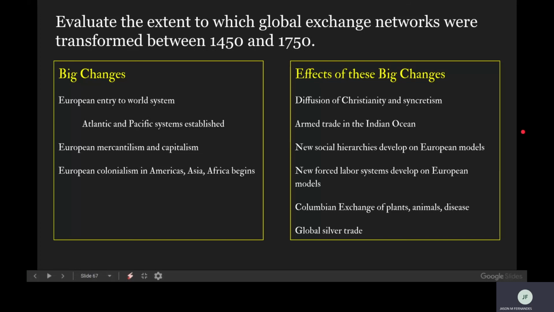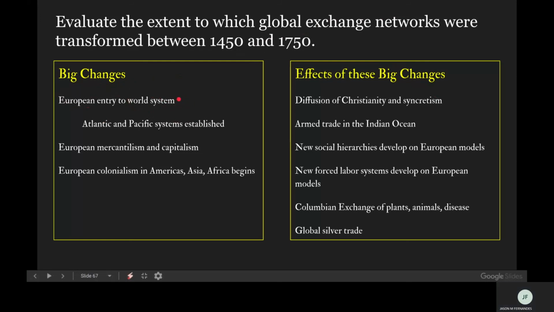All right, so let's review what we've done here. We're looking at the extent to which these global exchange networks were transformed. Let's think about these big changes. You've got the Europeans entering this world system in a major way. They're going to set up new systems. Atlantic and Pacific systems are going to be established, which creates a truly global system for the first time.